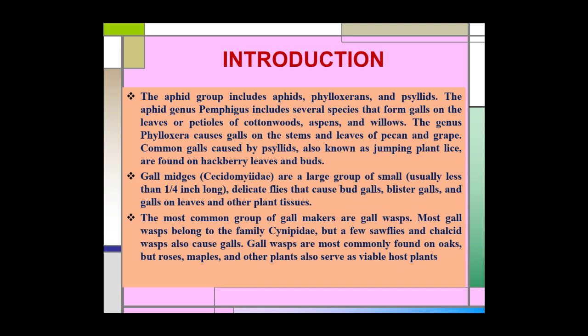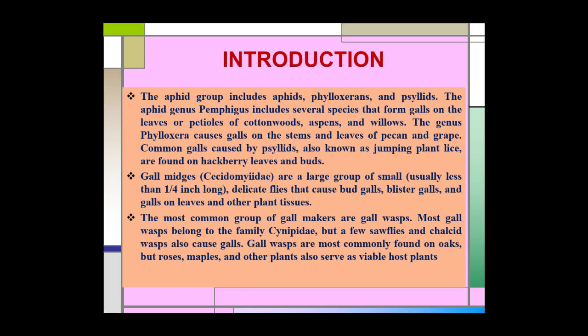The aphid genus Pemphigus includes several species that form galls on the leaves or petioles of cottonwoods, aspens, and willows. The genus Phylloxera causes galls on the stems and leaves of pecan and grape.